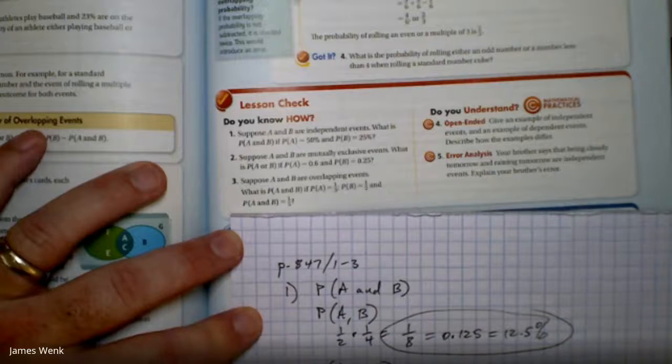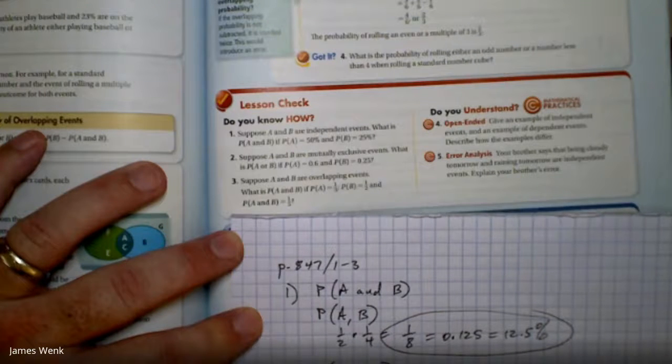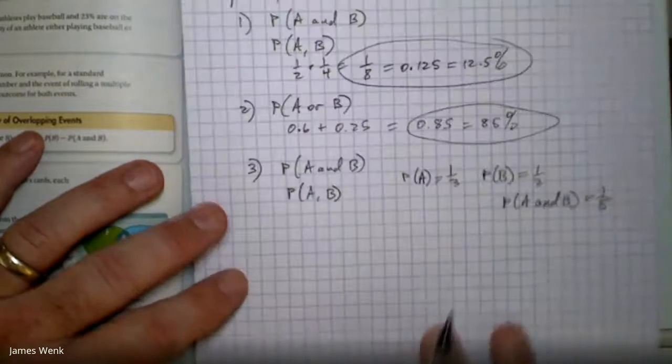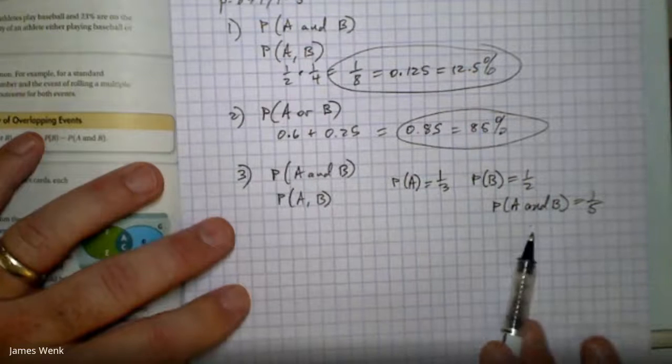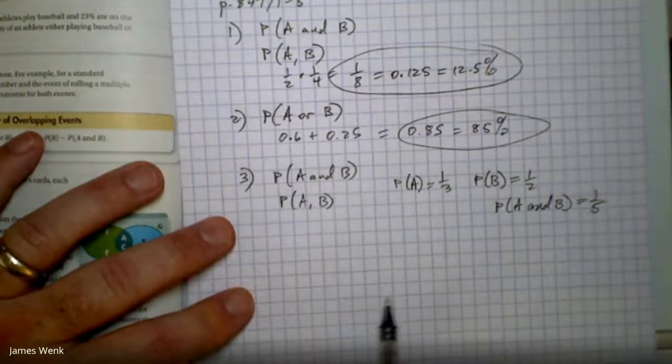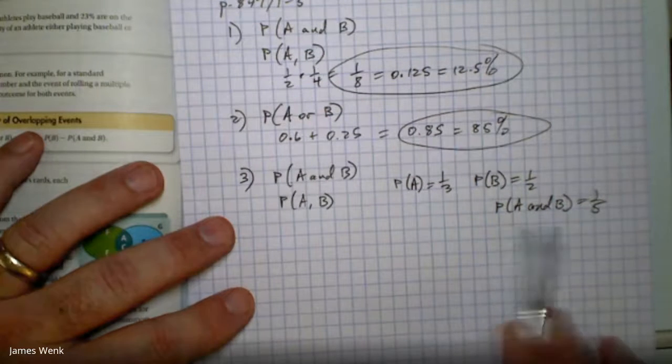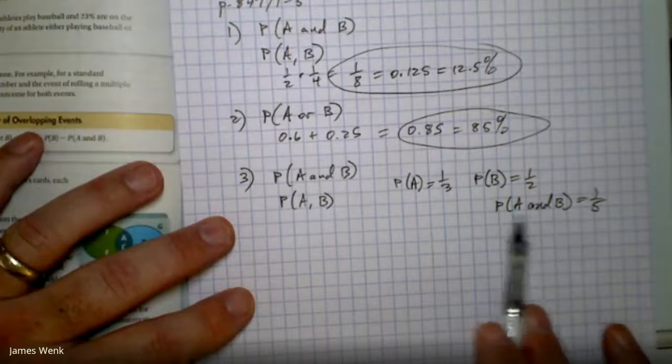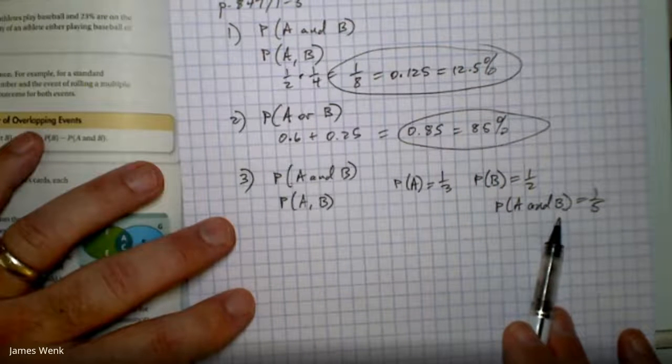And the probability of A intersect B, A and B, is 1/5. So now A and B is the two of them, it's the overlap, where it could be both of them.